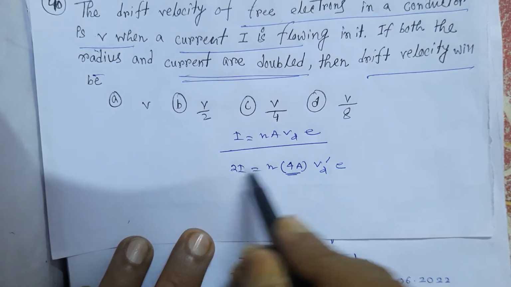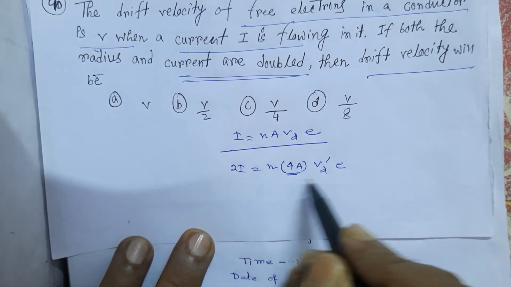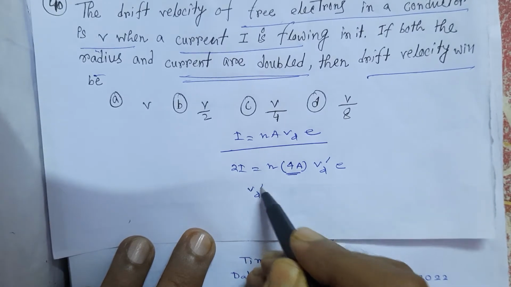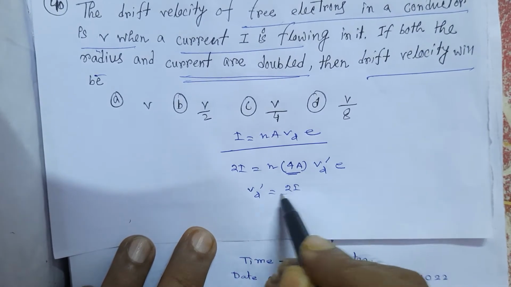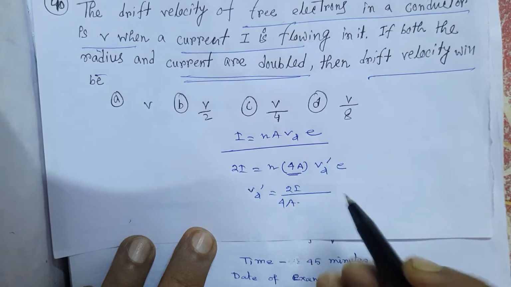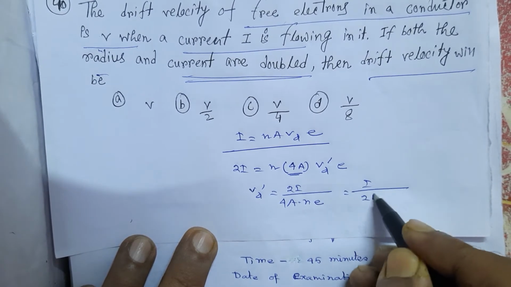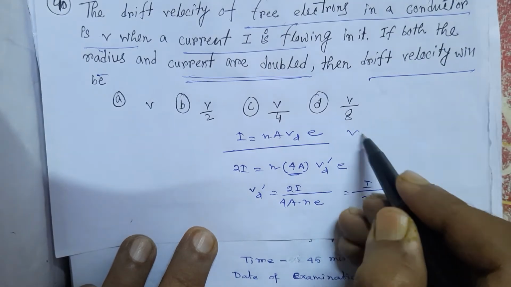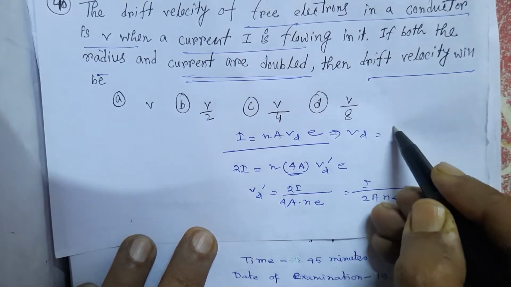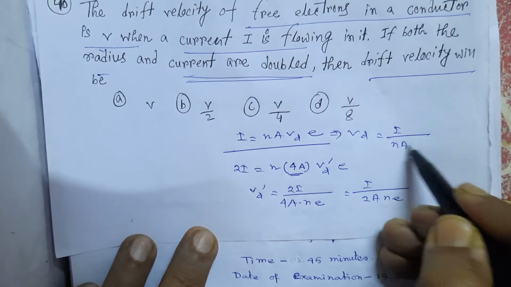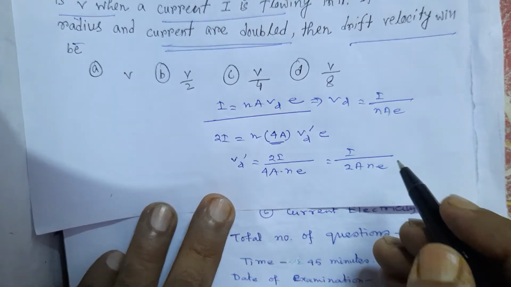Now, V_d dash equals twice I by 4A N into E, that is I by 2A N E. Whereas V_d was earlier I by N A E, so it is half.